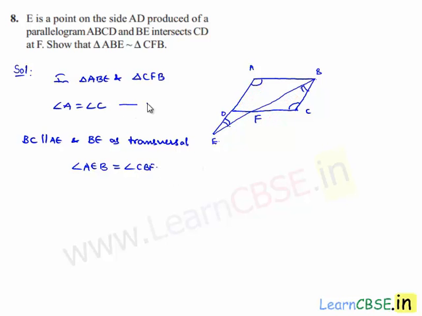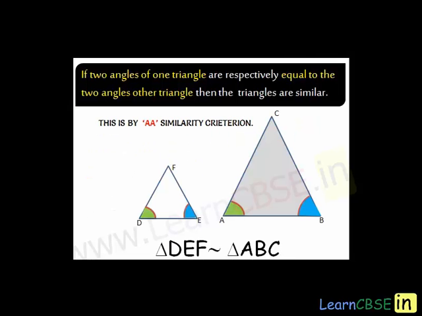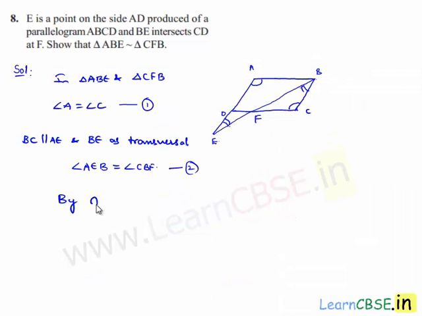So from 1 and 2, in both triangles ABE and CFB, the corresponding angles are equal. Therefore, by AA similarity, as two angles of two triangles are the same, we can say triangle ABE is similar to triangle CFB. This is the required proof.